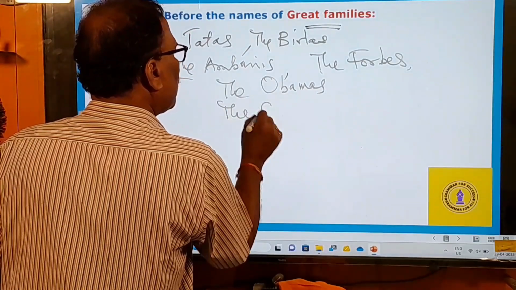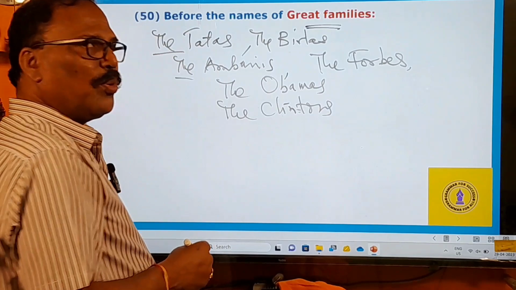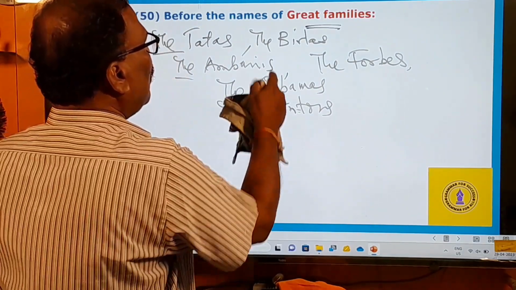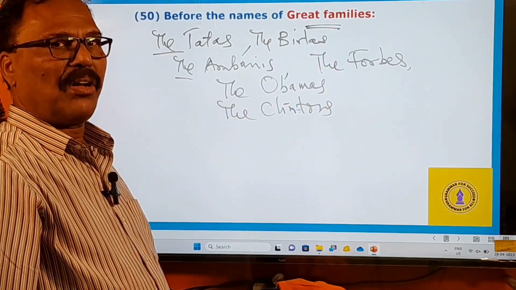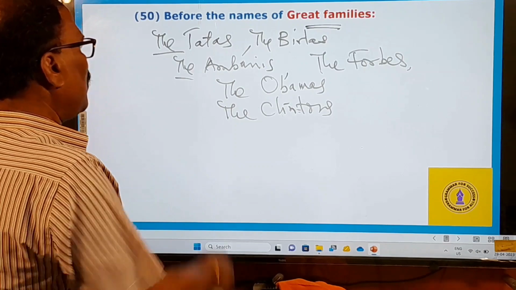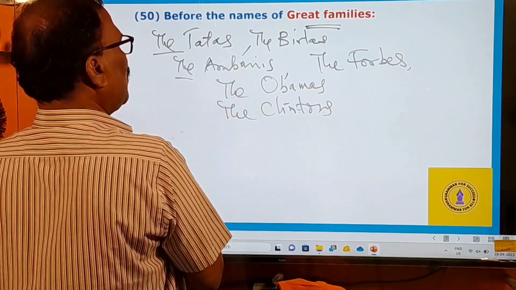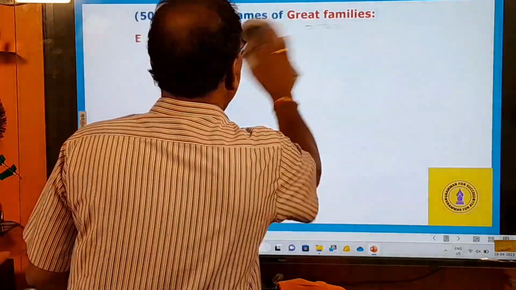The Clintons. The Tagores. So there are so many popular, not ordinary families, great families. Remember that. These are all great families in the world, and before the names of these families, we must use the definite article. Right, now let us see the examples.